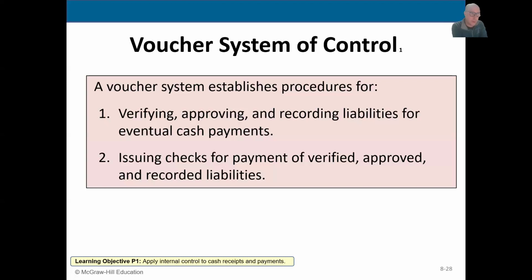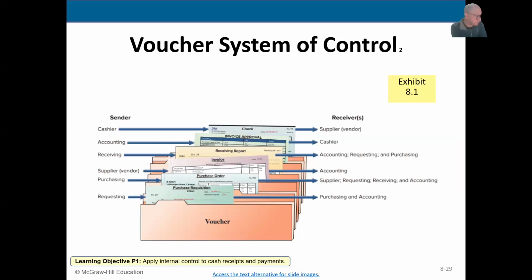For example, it's actually on the next slide. Here's my example. The hotel would purchase a lot of stuff from Cisco for the restaurant, or from Elsco for the linens, or from whoever else.